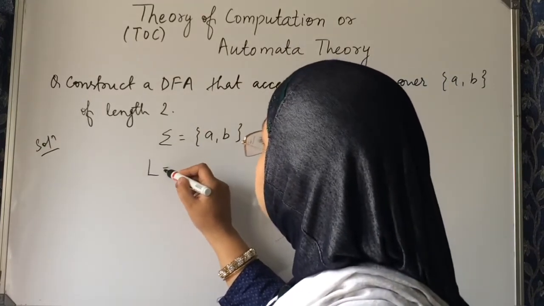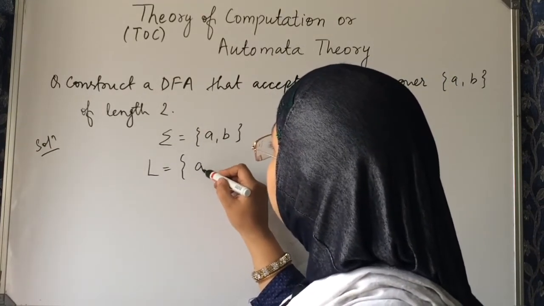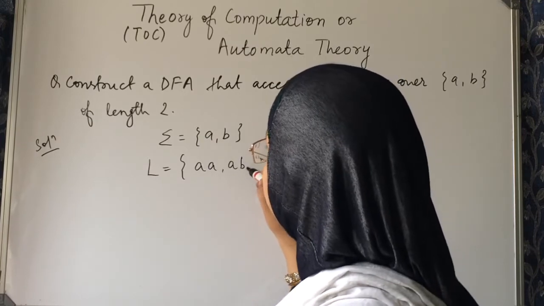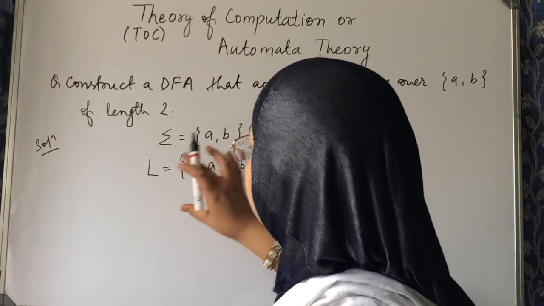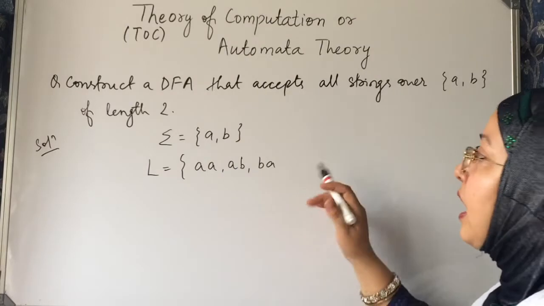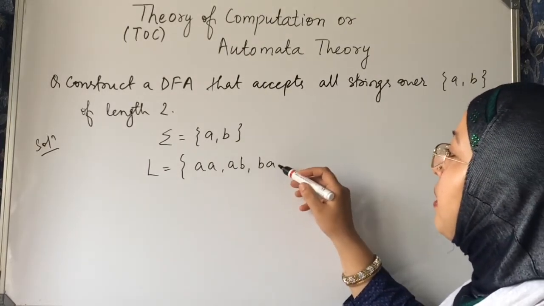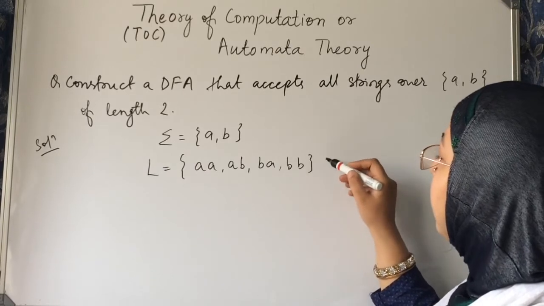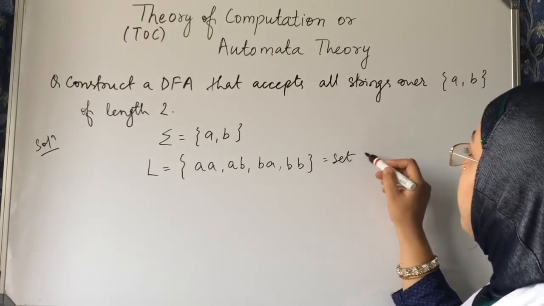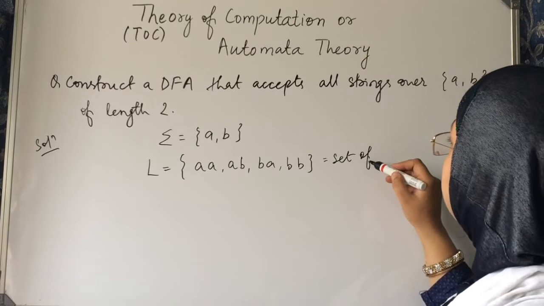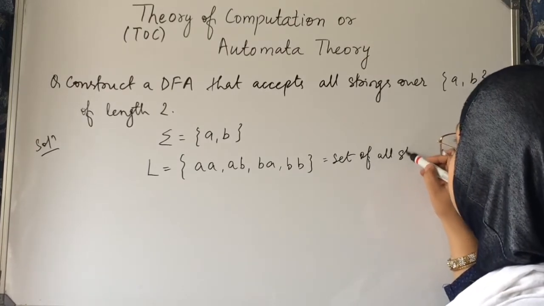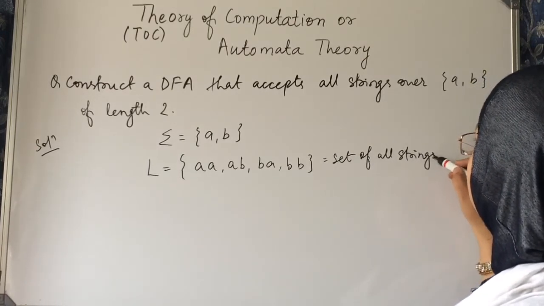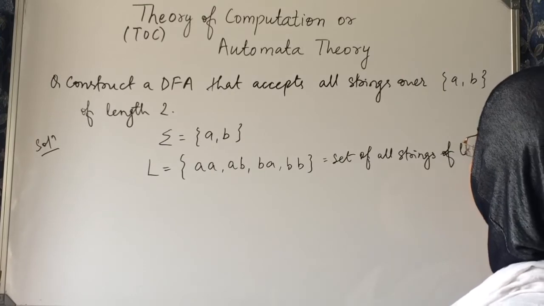What is your language? The strings present in the language are AA, AB, BA, BB, that is, the set of all strings of length 2.